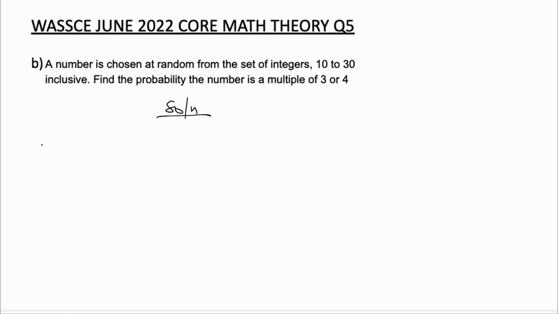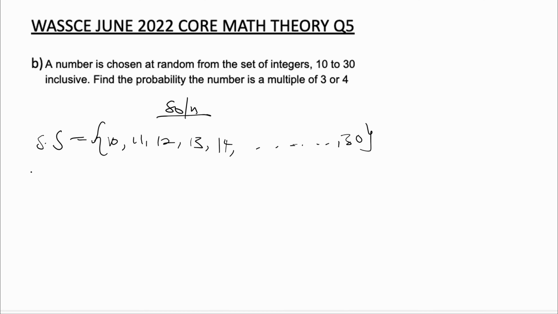So first we have our sample space. Our sample space will be numbers from 10 to 30, so 10, 11, 12, 13, 14, all the way to 30. We are being asked to find the probability that the number is a multiple of 3 or 4.